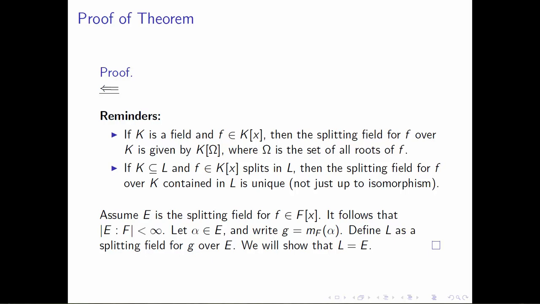So what we'll do is we'll define L to be a splitting field for g over E. And what we want to do is show that L is actually equal to E, that we don't have to go any higher than E in order for the polynomial g to split.